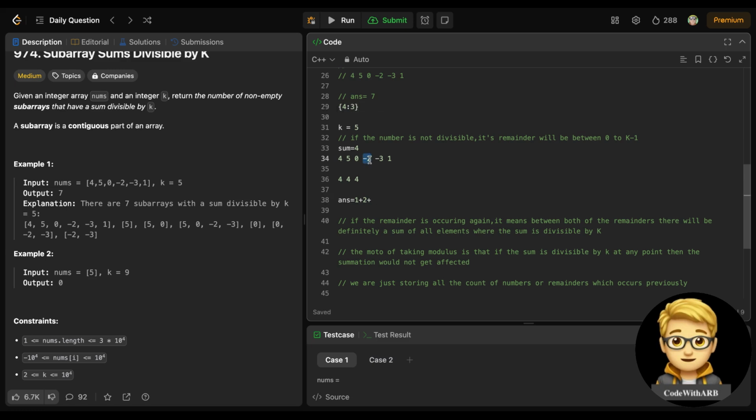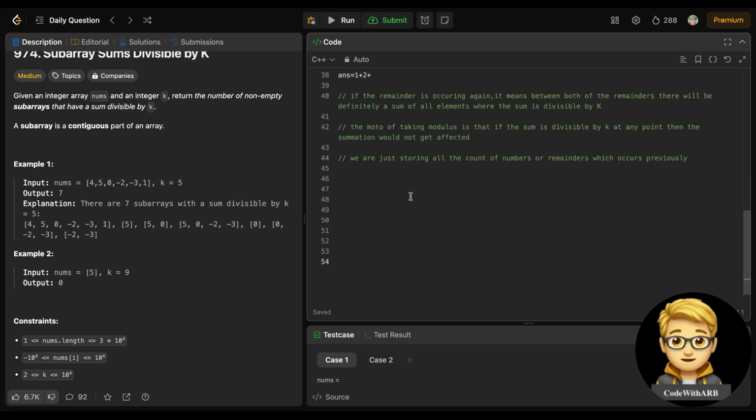Now here you need to see something. This 4 and this -2, this is a negative number, right? So when you take the summation, it becomes 2. So here the summation gets decreased. But when you take this modulus with 5, it becomes 2, right? But this is a negative number.